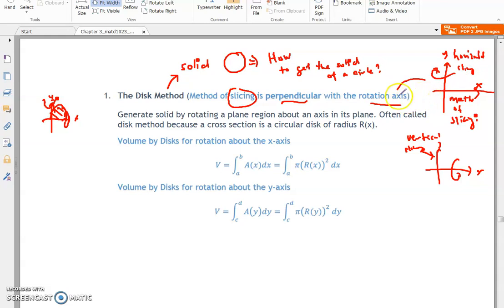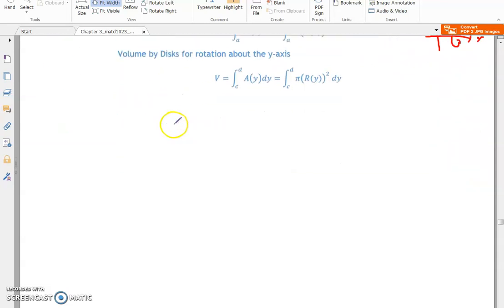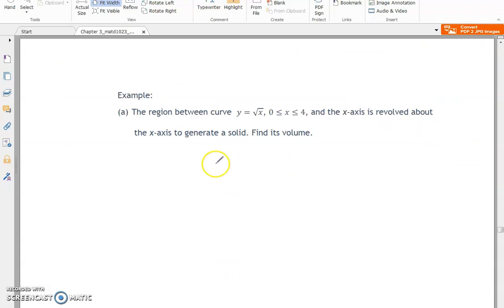Okay, so let us apply it in our example. So let us move into example A here. Let's say the question says that you already have the region. So basically the region here represents the value of your area between a curve. The curve here can be represented by a function.